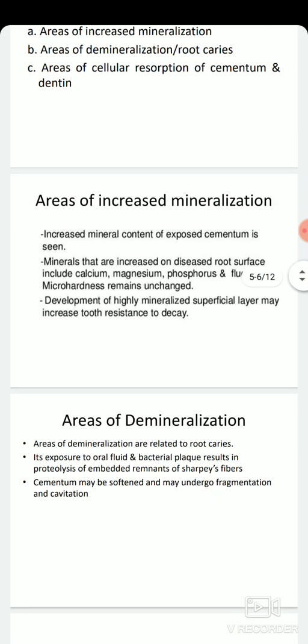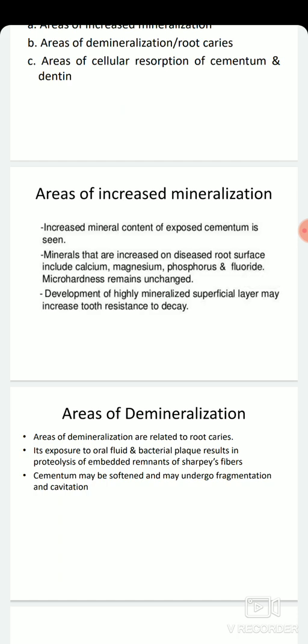Areas of increased mineralization involve increased mineral content of the exposed cementum, and the minerals that are increased on the diseased root surface include calcium, magnesium, phosphorus, and fluorides.